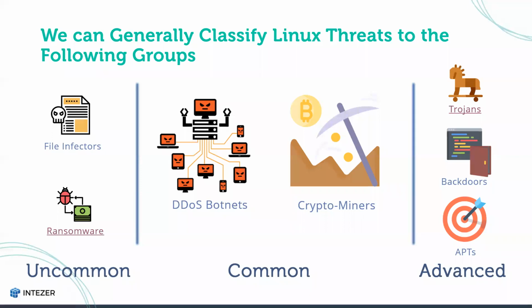But when you find a malware that is actually targeting a specific set of devices, it's most likely some advanced threat that has a predefined set of victims. And usually we see APTs deploying Trojans, backdoors, or rootkits. So yeah, those are the three different domains that we can see in the Linux threat landscape.